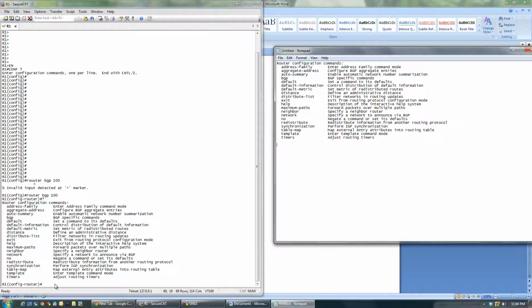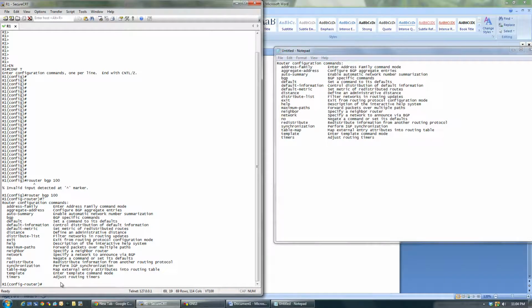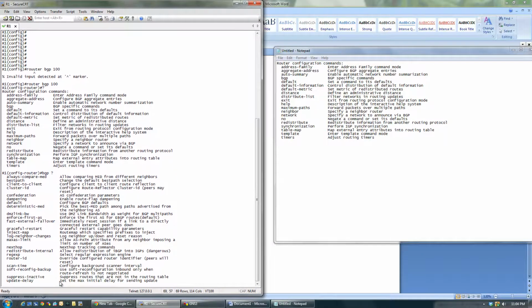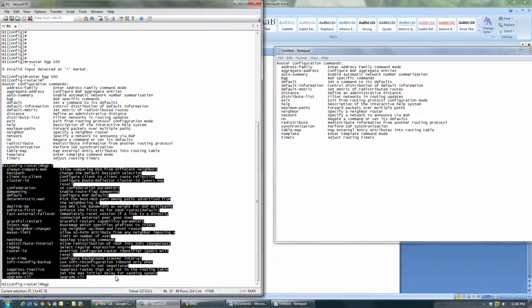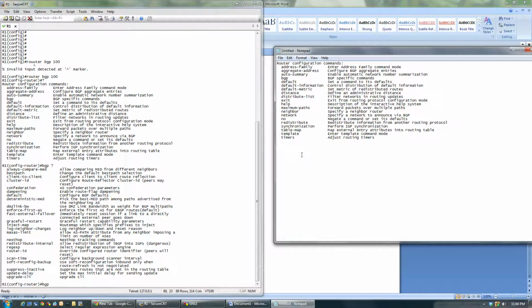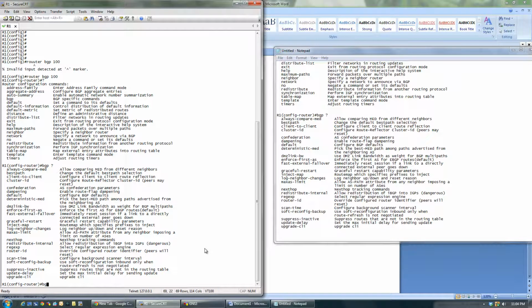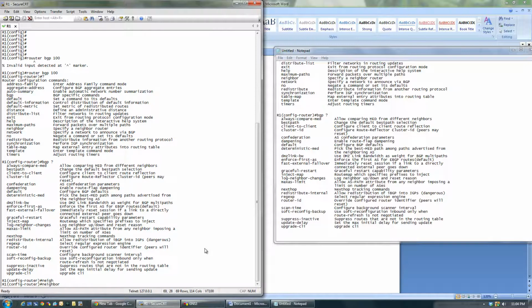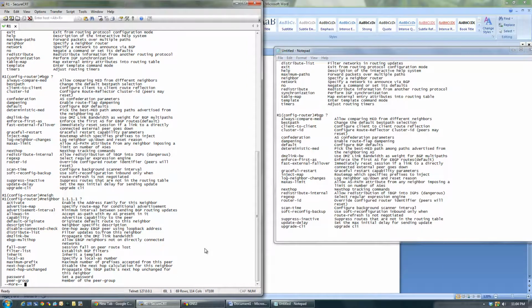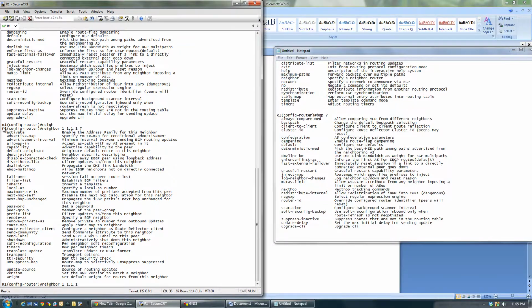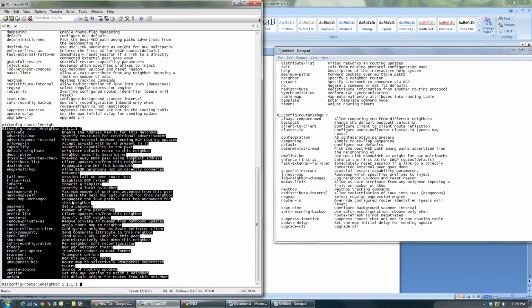This is first, then just type bgp, more commands, then type, let's see, neighbor 1.1.1.1, and a lot more commands.